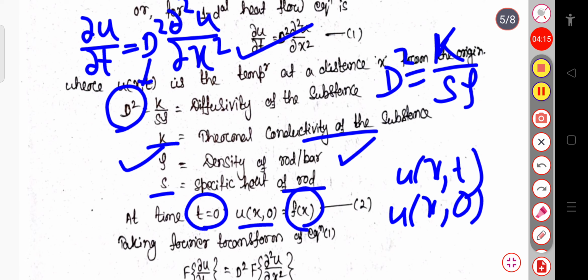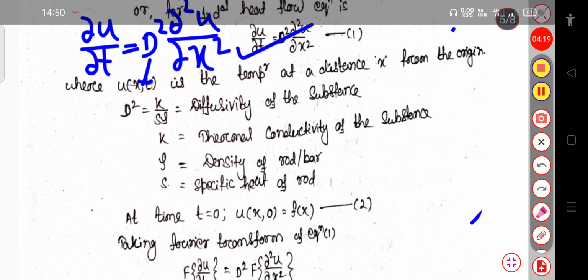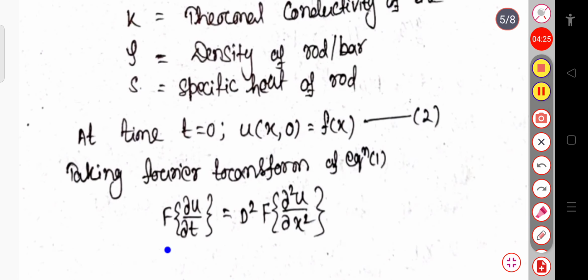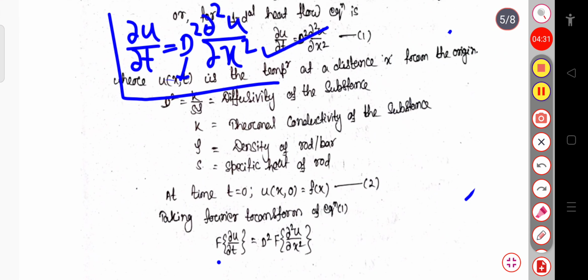Now we want to calculate the Fourier transform of this equation. So the Fourier transform of ∂u/∂t, here I can show you. This is ∂u/∂t equal to D² ∂²u/∂x².